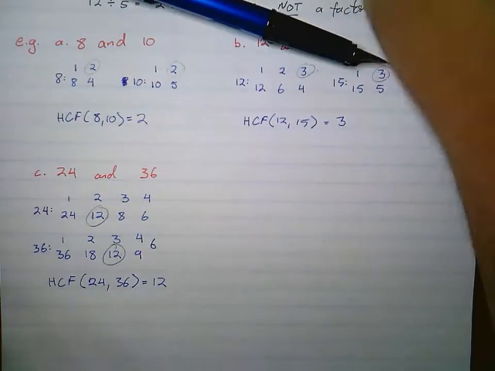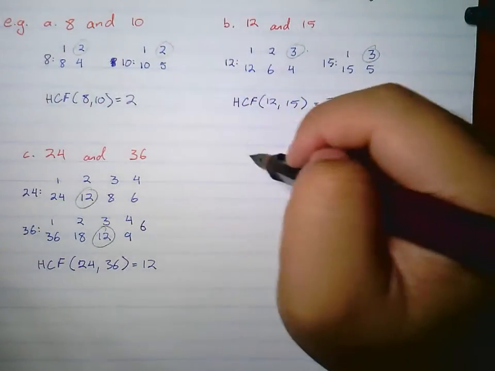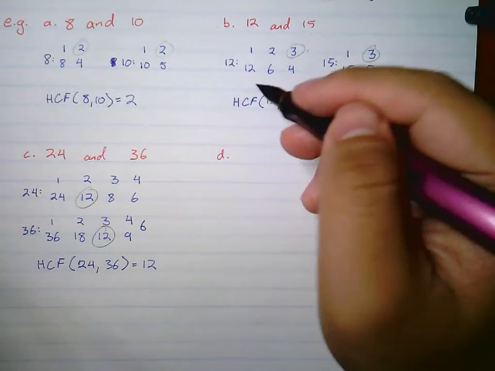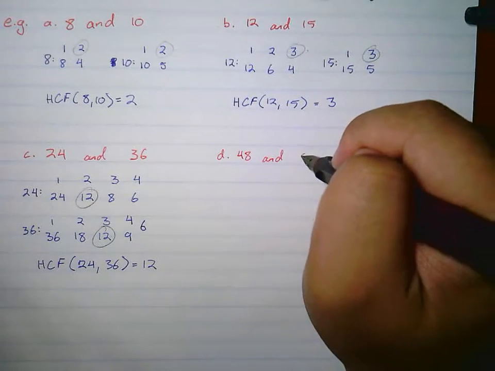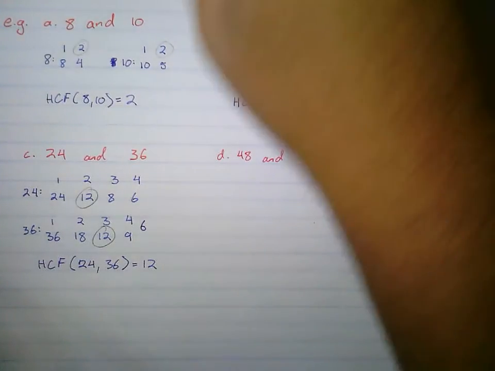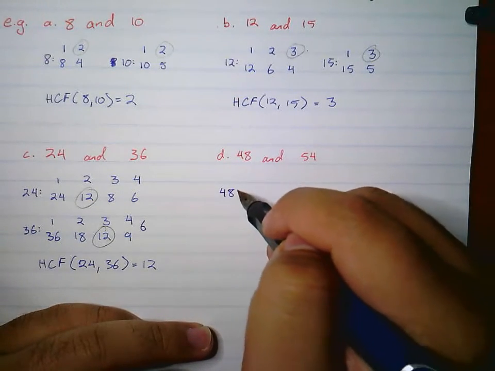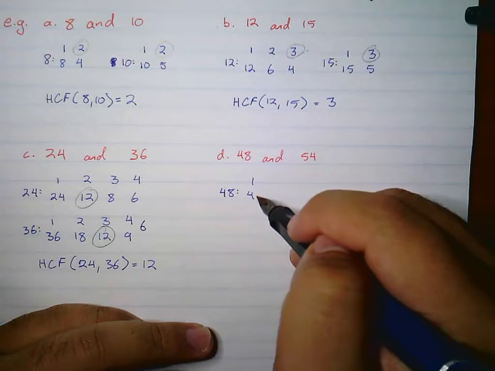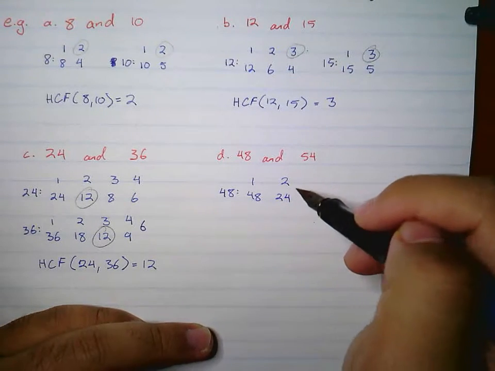We'll do one last example here. Let's look at the factors of question D. Let's look at the factors of 48 and 54. Let's take a look at the factors of 48. 1 and 48. 2 and 24.